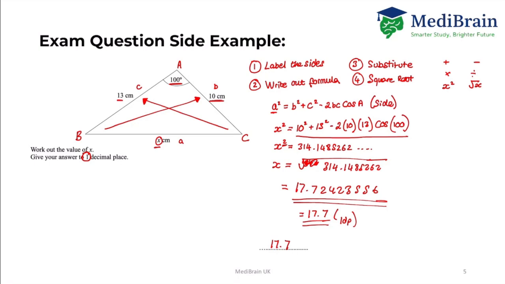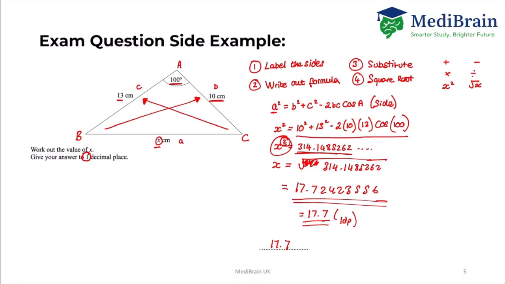We then substitute in the numbers that were given in the question into that formula. So we substitute the 10, 13, and 100 degrees, and we get an answer of 314.1485262, which is equal to x squared. But we don't want x squared, we just want to find out what x is.